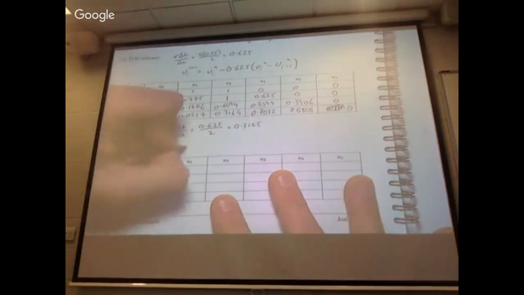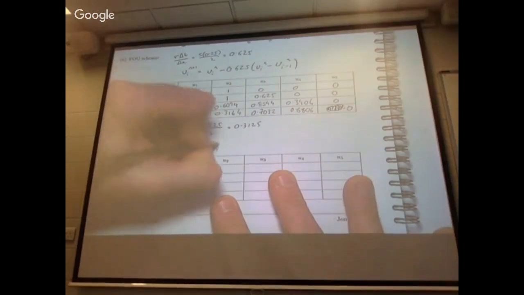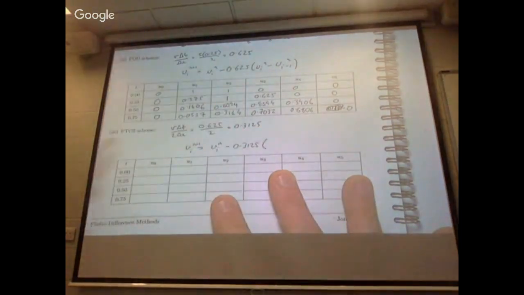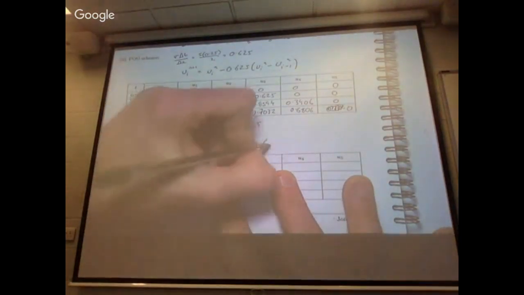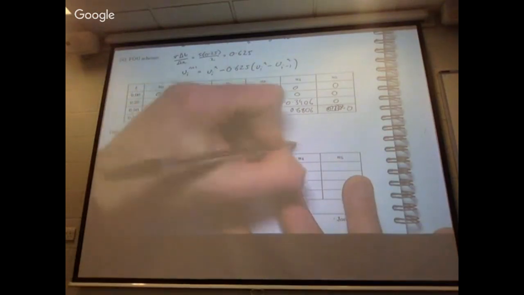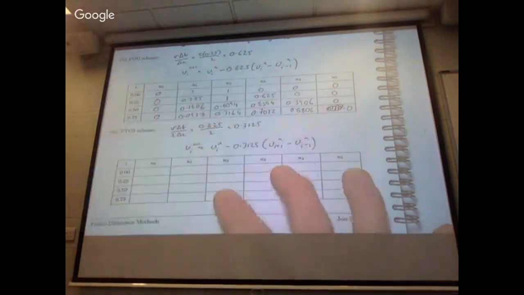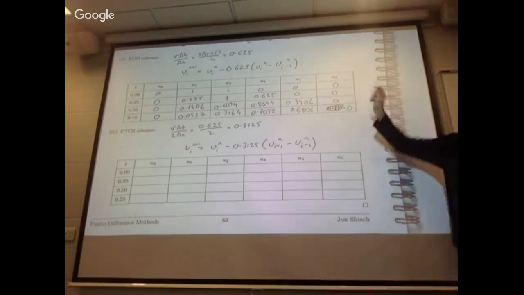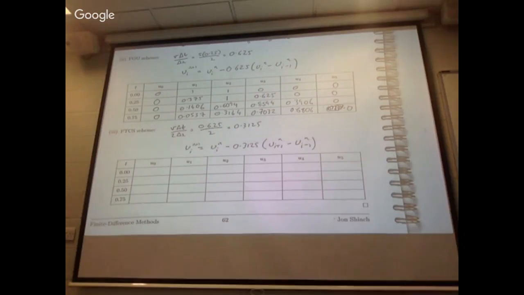So our scheme is the current value minus 0.3125 times the node to the right minus the node to the left. So there's a subtle difference between first order upwind and forward time central space. Go ahead and fill out the rest of this table.